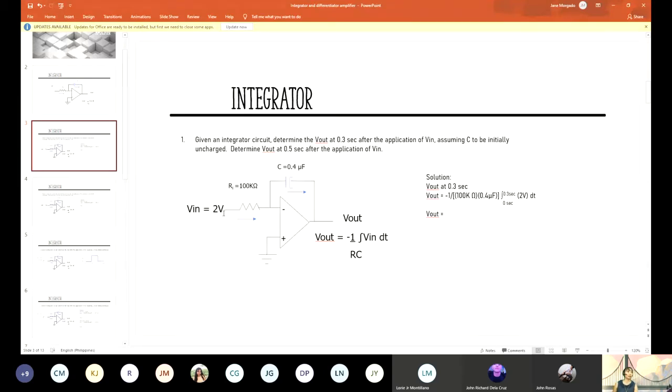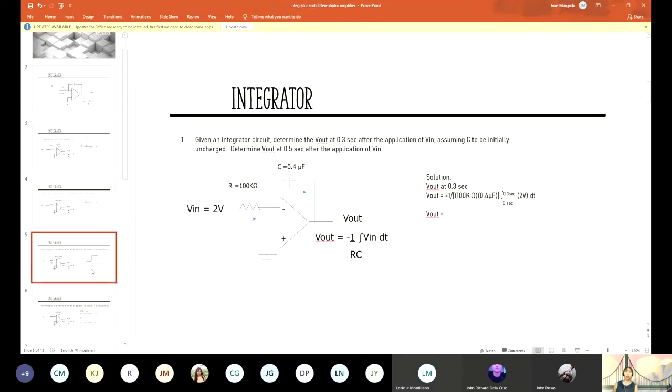What is this circuit of ours? Class, what is this 2 volts here, AC or DC? DC. Okay, so we have DC. How do we differentiate AC from DC?